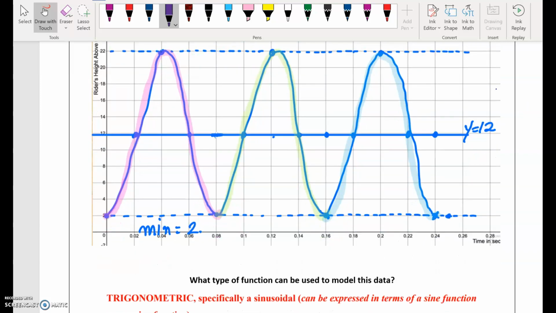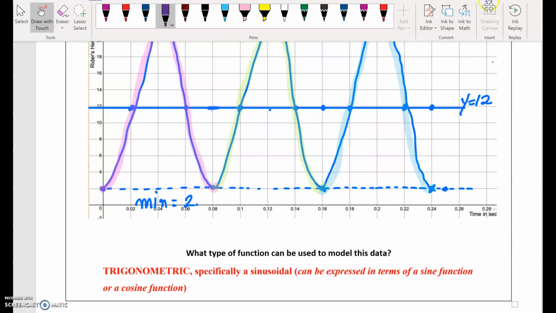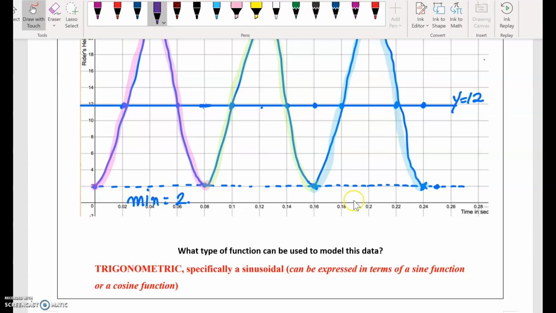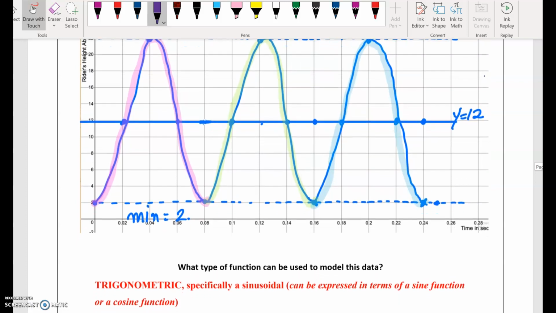Now, this type of function is called, and many of you got it right, a trigonometric function. It is a very specific trigonometric function. It looks similar to a sine and a cosine curve, and we call these sinusoidal functions. And these have a very unique characteristic where they have a periodic behavior.